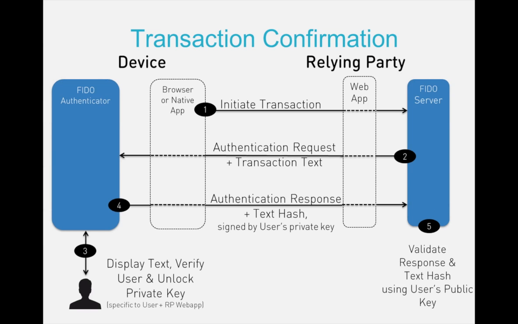The user can verify it and either agree or reject the transaction. After the user has agreed to that transaction, he will verify himself to the authenticator, like swiping your finger, which will unlock the private key. Then the authenticator will sign that transaction text and send the signed transaction text back to the FIDO server. This allows the FIDO server to verify that the user has seen and confirmed that transaction, and second, that no man in the middle has modified that transaction.